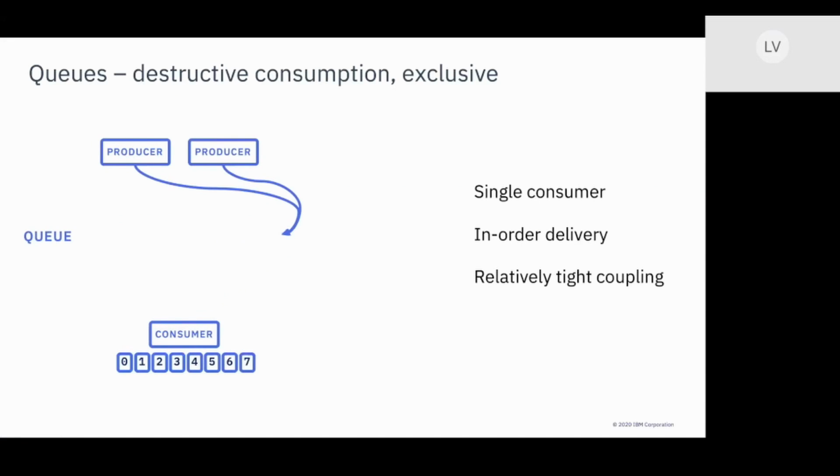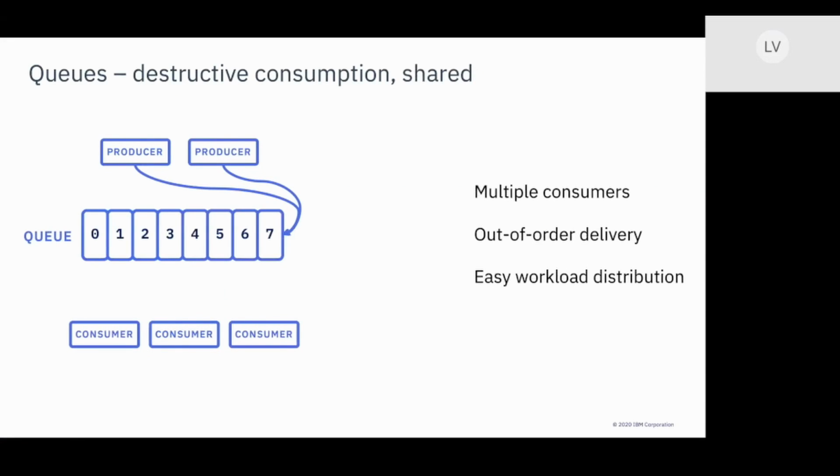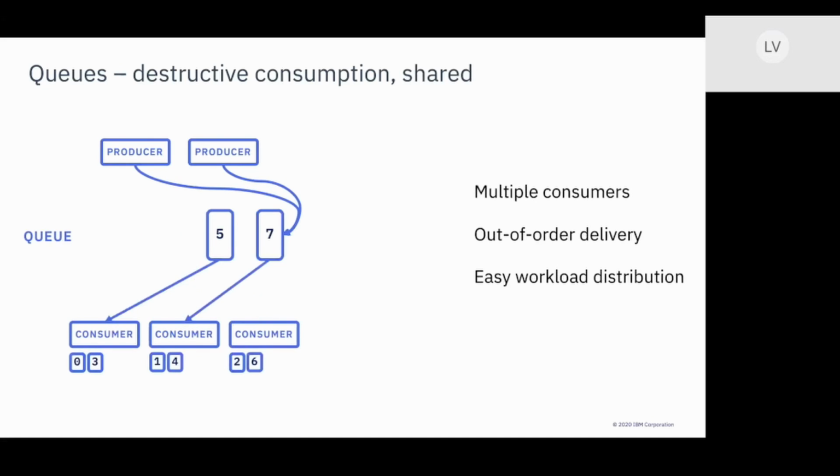But there is some option which enables you to have multiple consumers as well, and to define when you want to do the commit. But as before, the message is deleted.